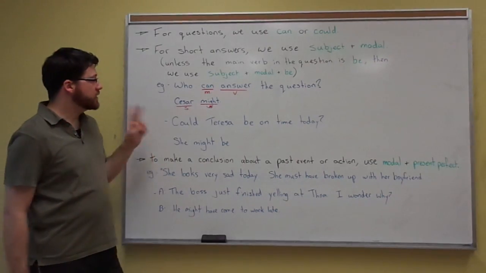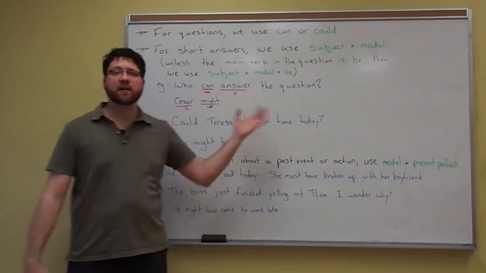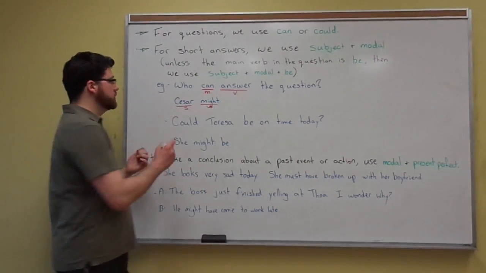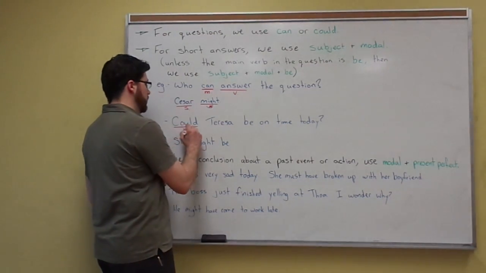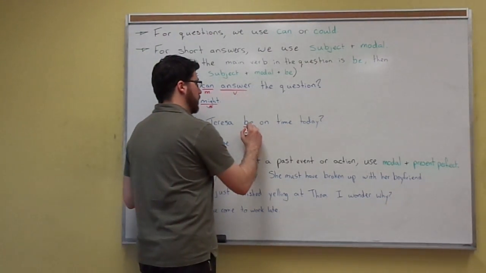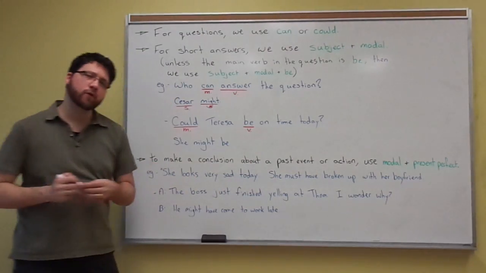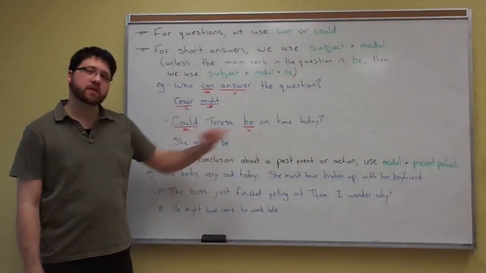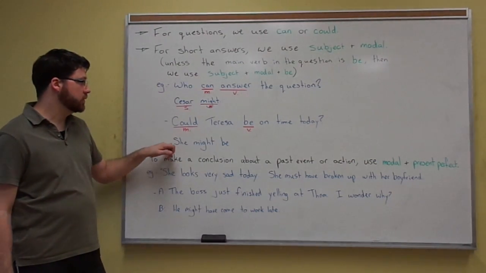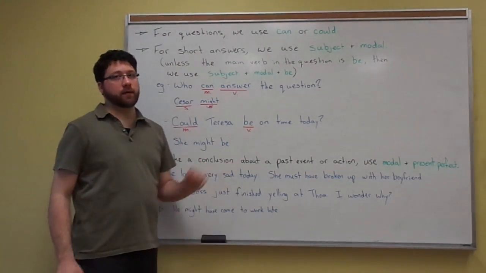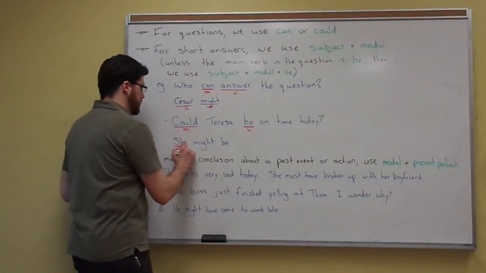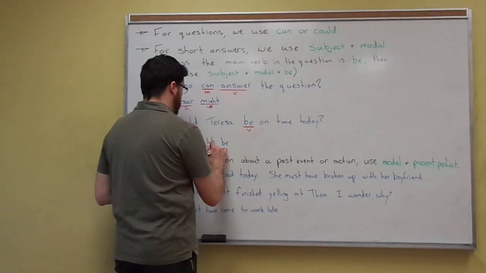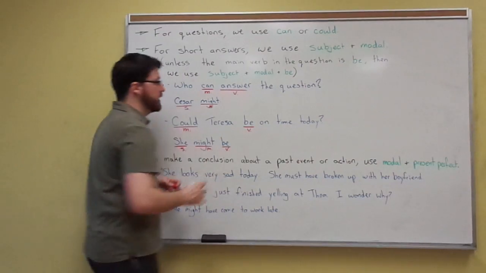Okay. Our second question, could Teresa be on time today? Again, could, our modal. But now, notice that our verb is be. The verb is different. So, our answer, she might be. Subject, modal, and now verb.